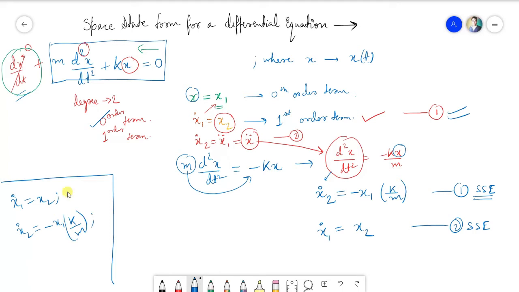So these are your two state space equations that we get from this differential equation. And the initial conditions were given as x of 0 equals 1 and x dot 0 equals 0, and k is equal to 1 and m is also equal to 1.